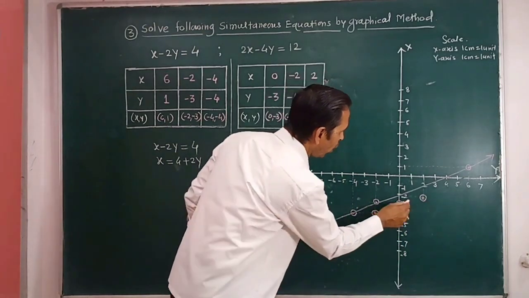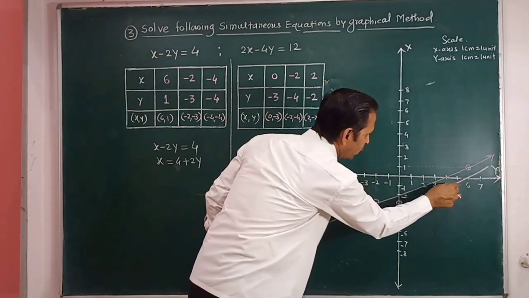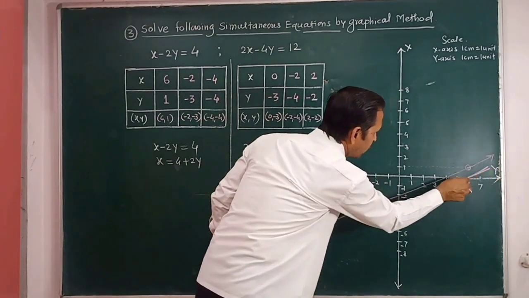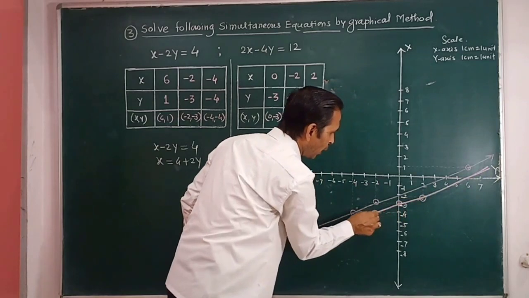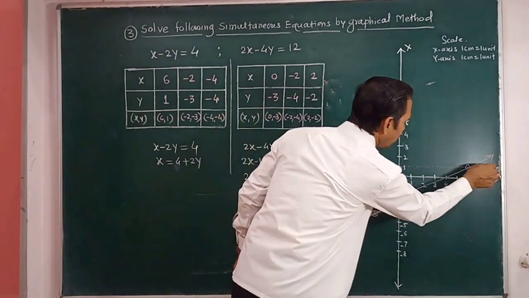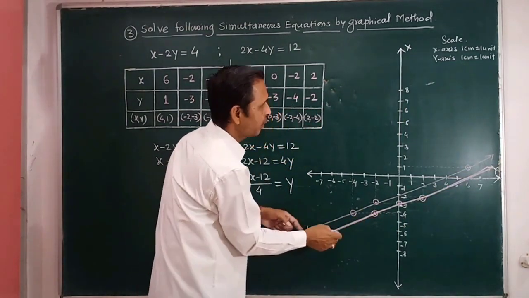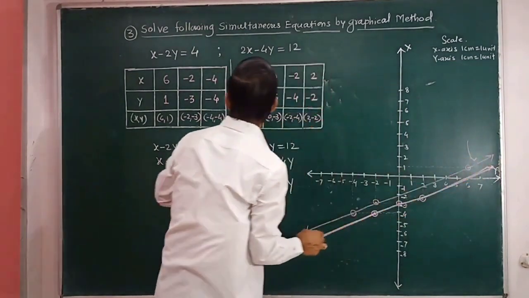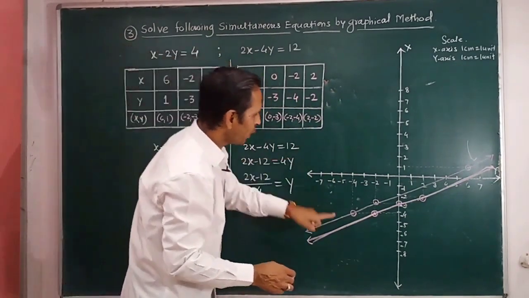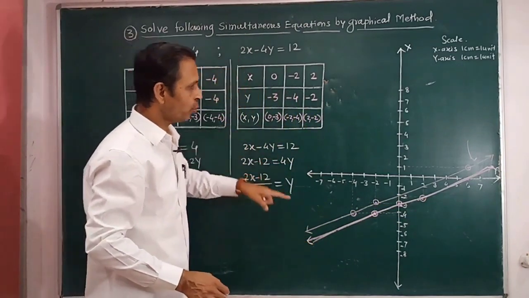Now if you draw the line passing through such points, you will observe that this line is parallel to the previous line. This is the equation x minus 2y, and this is the equation of this line, 2x minus 4y is equal to 12.